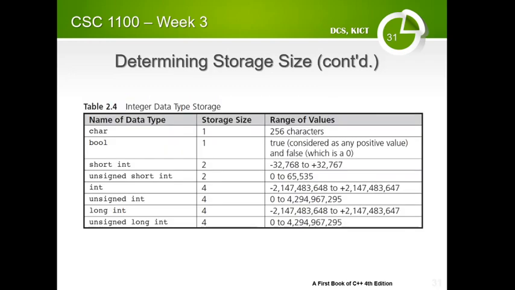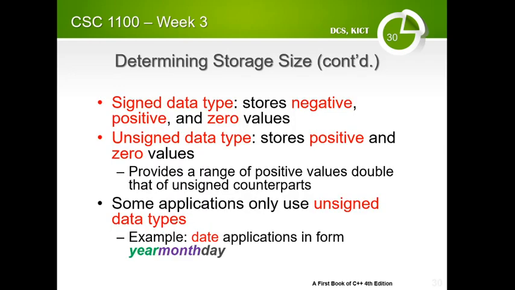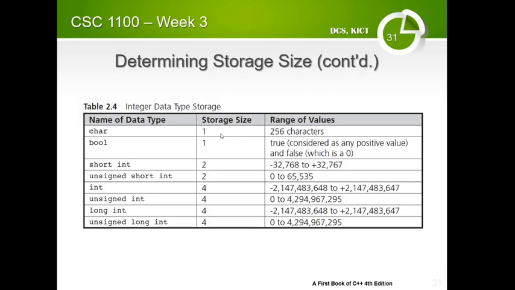If we look into this, we'll see that the storage size for characters is one byte, which means it has a range of 256 characters. Boolean is basically true or false, and it only has 0 or 1, right?